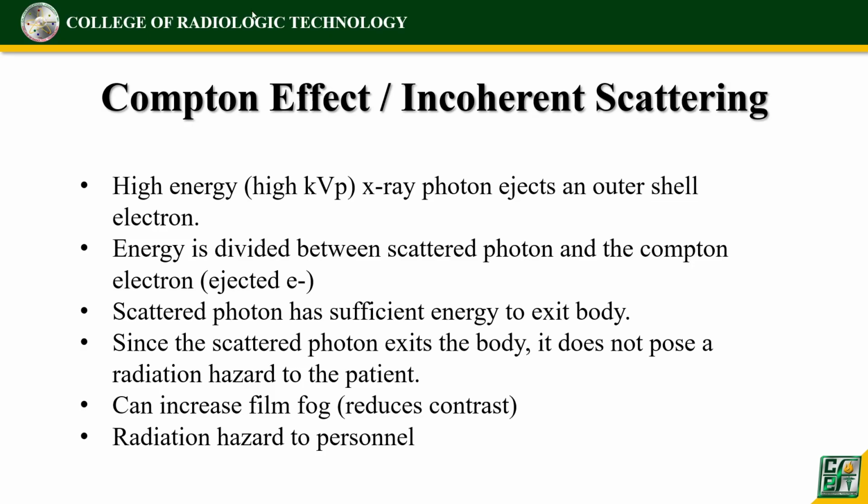So what is the Compton electron? The Compton electron is the ejected electron. So the scattered photon, because it is high energy, the photon produced is of course also high energy. Because it is high energy, it is sufficient to penetrate the body and exit the body.